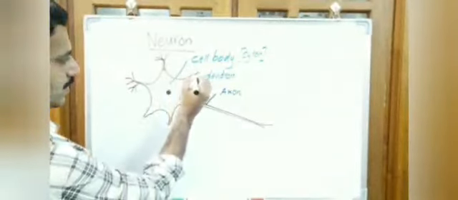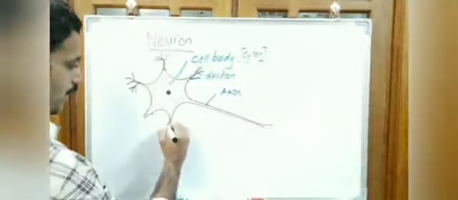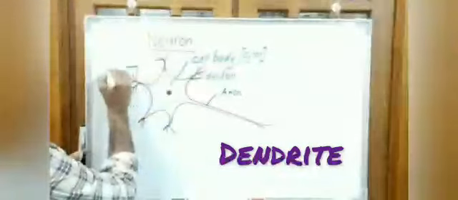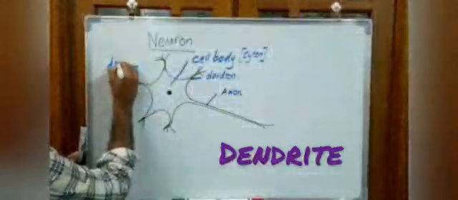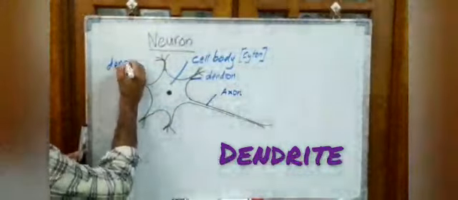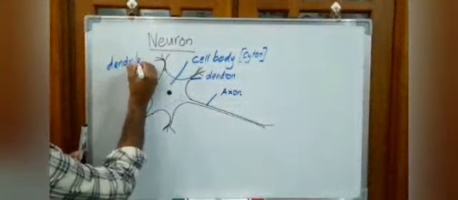The branches of the dendrons are called dendrites. The branches of the dendrons are dendrites.